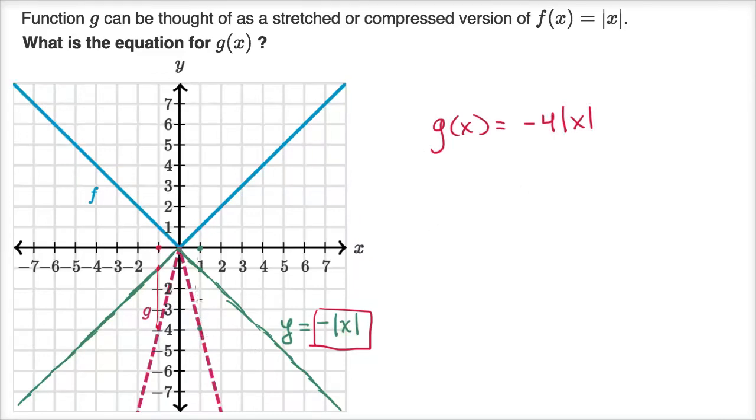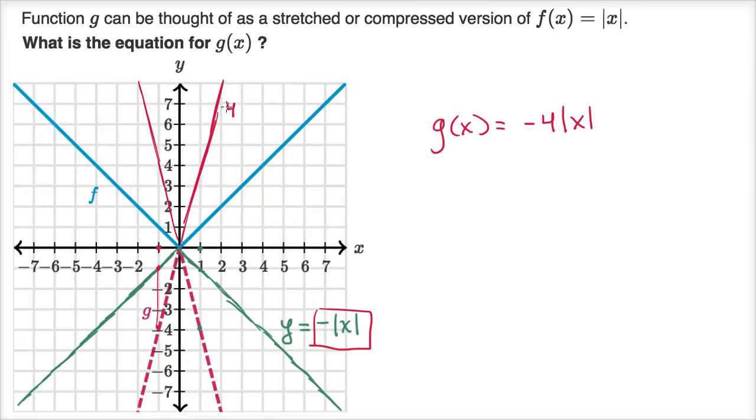And you could have done it the other way. You could have said, hey, let's first stretch or compress f. And say, all right, before we even flip it over, if we were to unflip g, it would look like this. So this thing right over here looks like 4 times f of x.